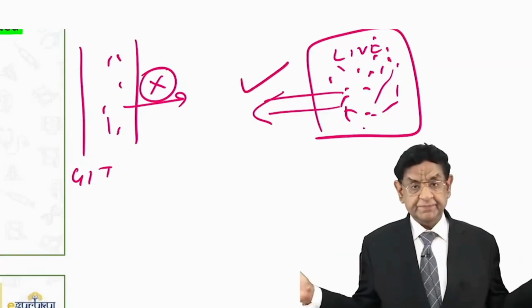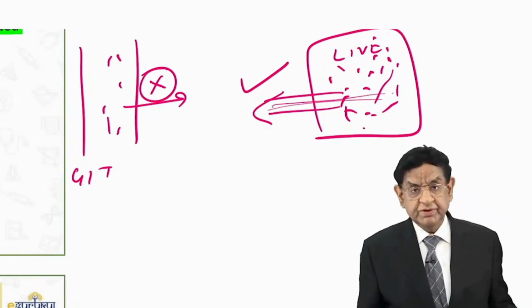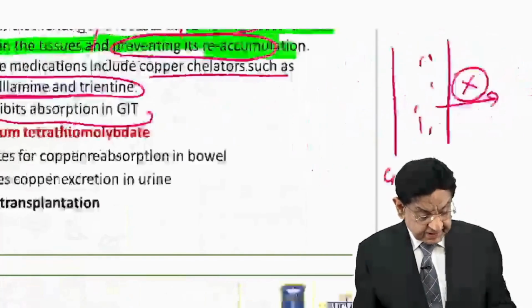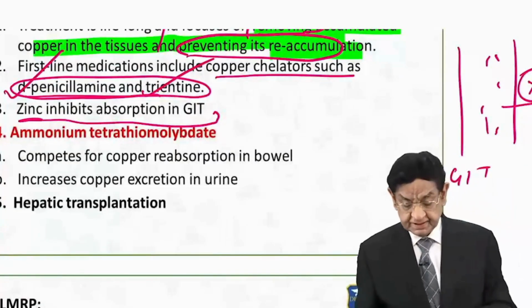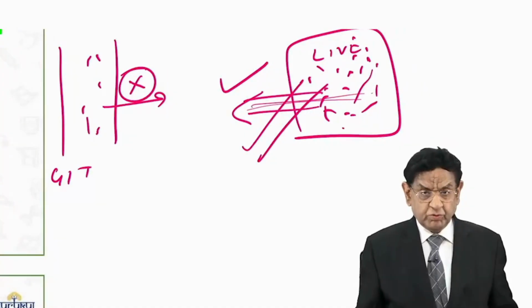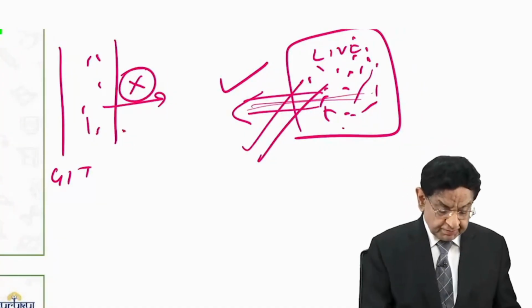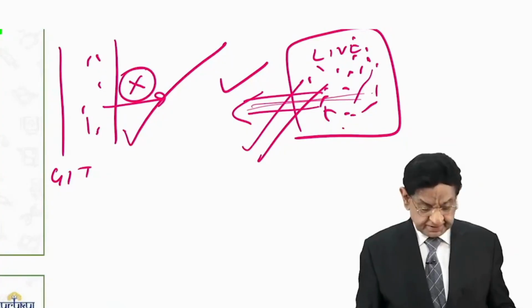If we want copper to come out, we will be using chelators like D-penicillamine and trientine. We don't want copper to be absorbed, so we will be using zinc. It will not let copper come in.